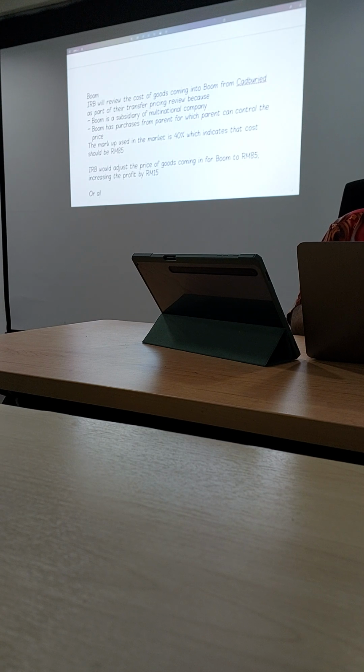Or alternatively, what do they do? Increase the selling price. They charge... not 72. How about 85? How do you get 85, isn't it 120 divided by 1.4? Markup margin?